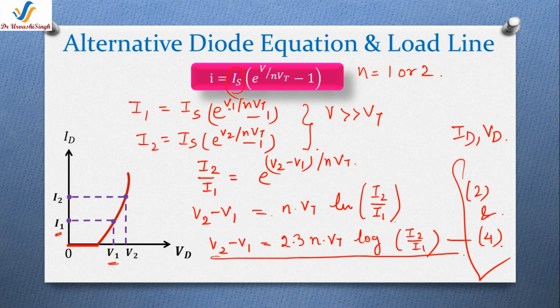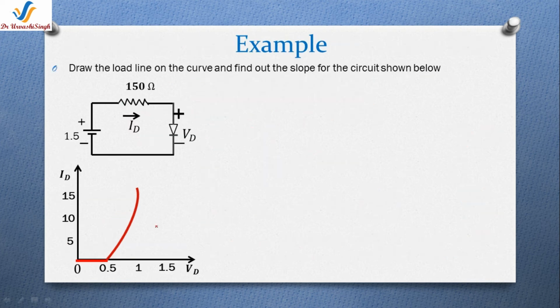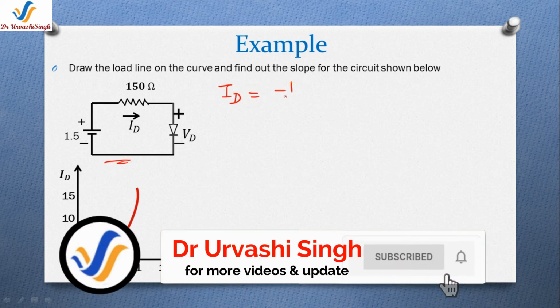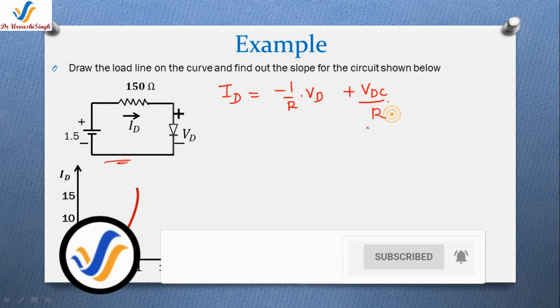Now let's see an example of drawing the load line on the forward characteristic of the PN junction diode. Draw the load line on the curve and find out the slope for the circuit shown below. Students, the first step is to write the KVL for the circuit. For this circuit, the KVL equation is ID equals minus 1 upon R times Vd plus the DC voltage upon the resistor.